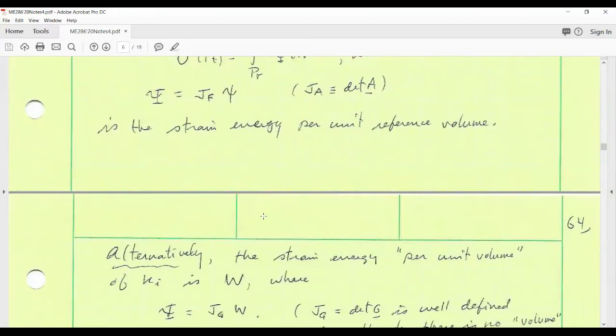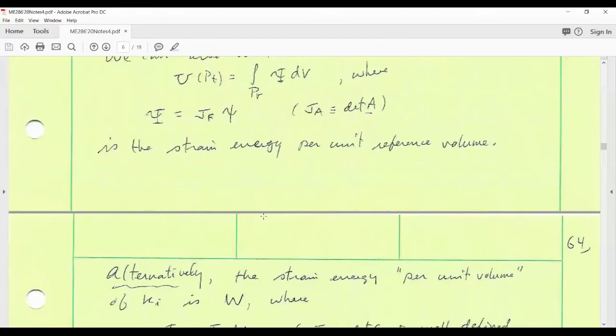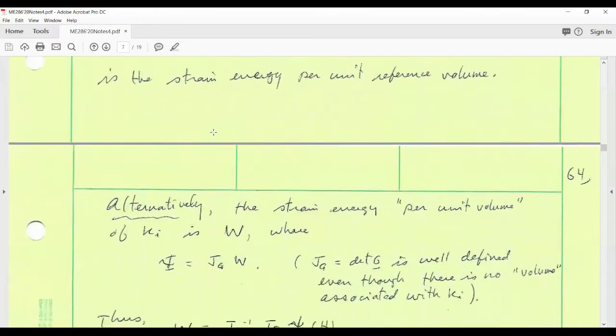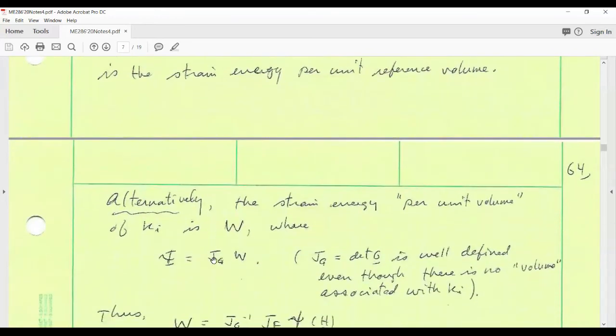But we can, nevertheless, if we look at this definition here, we can imitate this definition, and in place of J sub F, we write J sub G. G is well defined, even though there's no intermediate volume, and we can take its determinant, right?